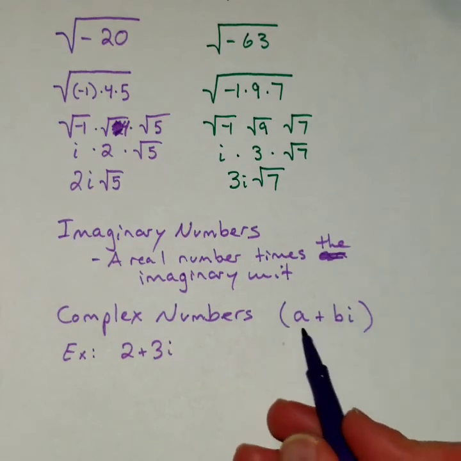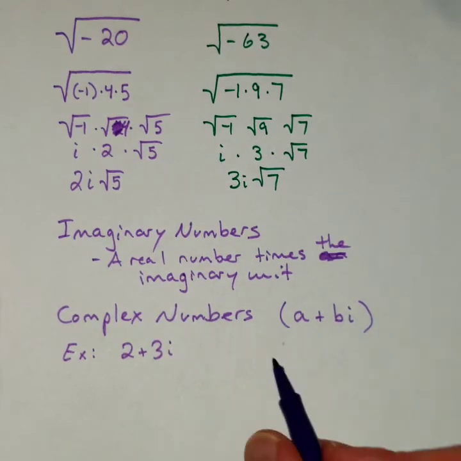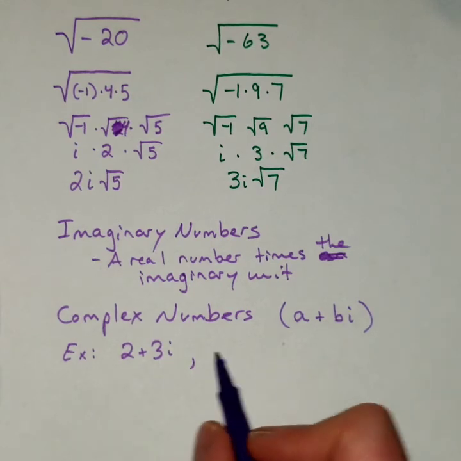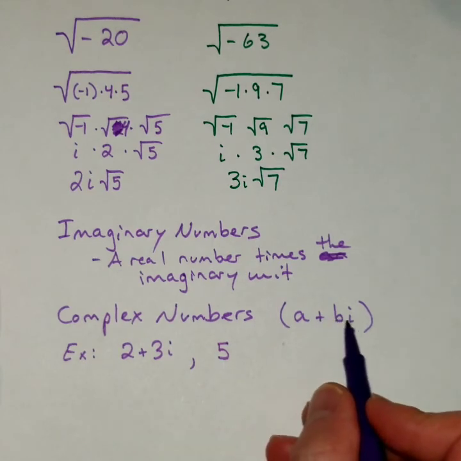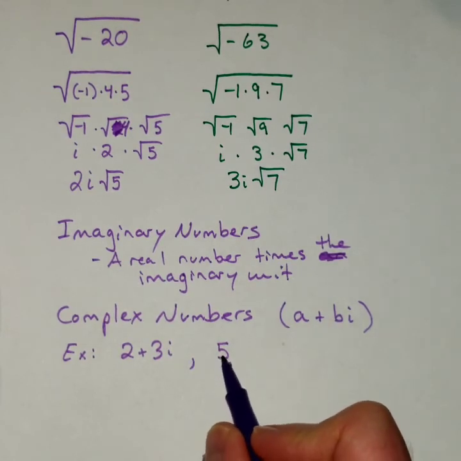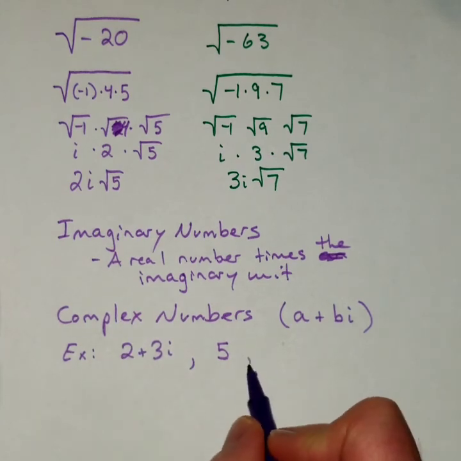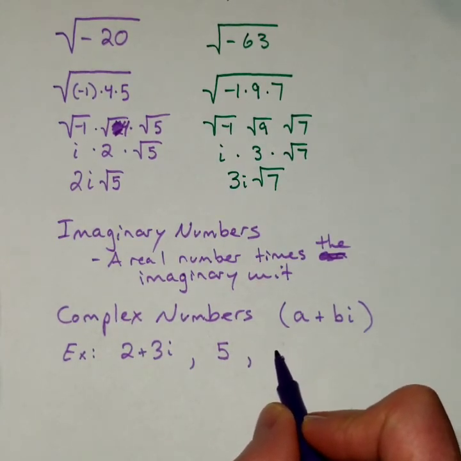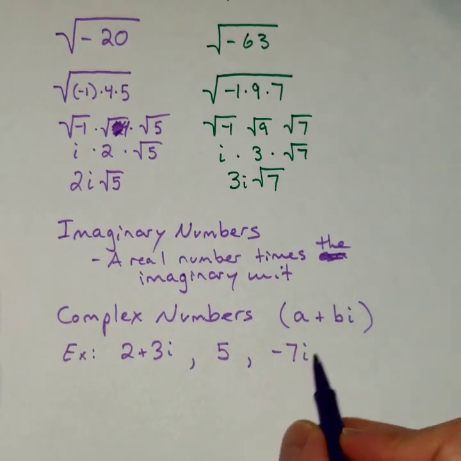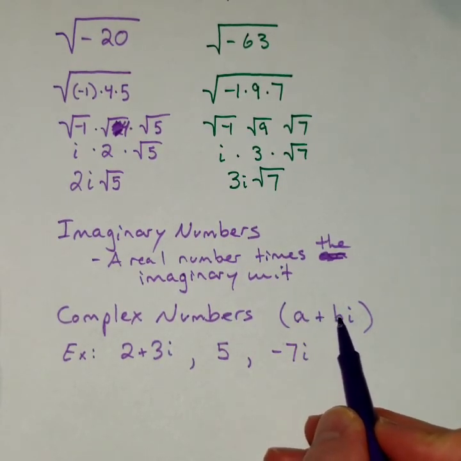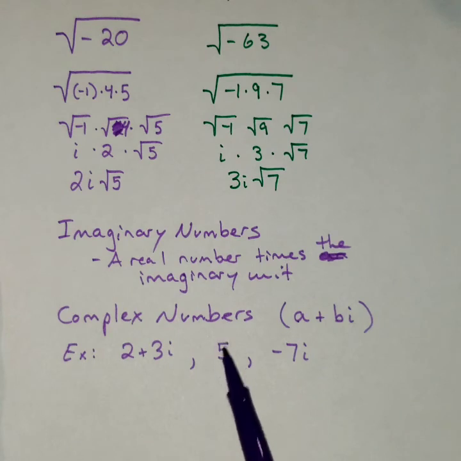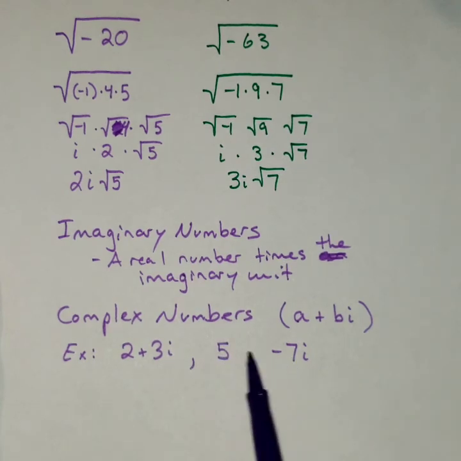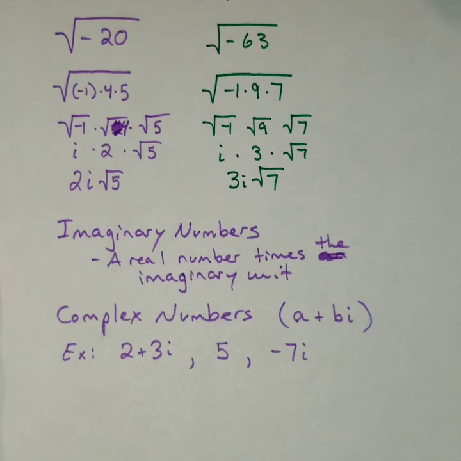Now it is possible for a and b to be 0, and so complex numbers can include things like 5, right? Because 5 is 5 plus 0i. So all of our real numbers are actually included as complex numbers. And you can also have things like negative 7i, because that's like 0 plus negative 7i. So even imaginary numbers are complex numbers. So now complex numbers include real numbers, imaginary numbers, and the combination of the two. Kind of interesting.